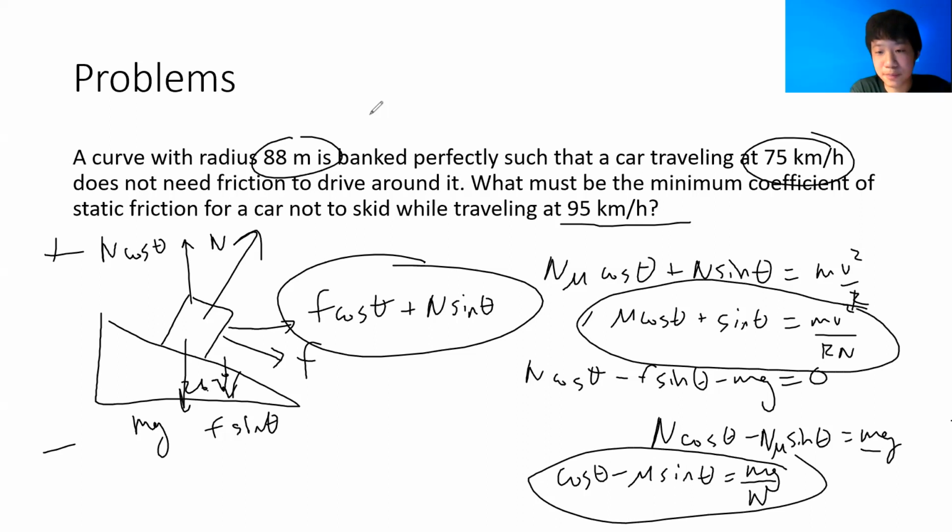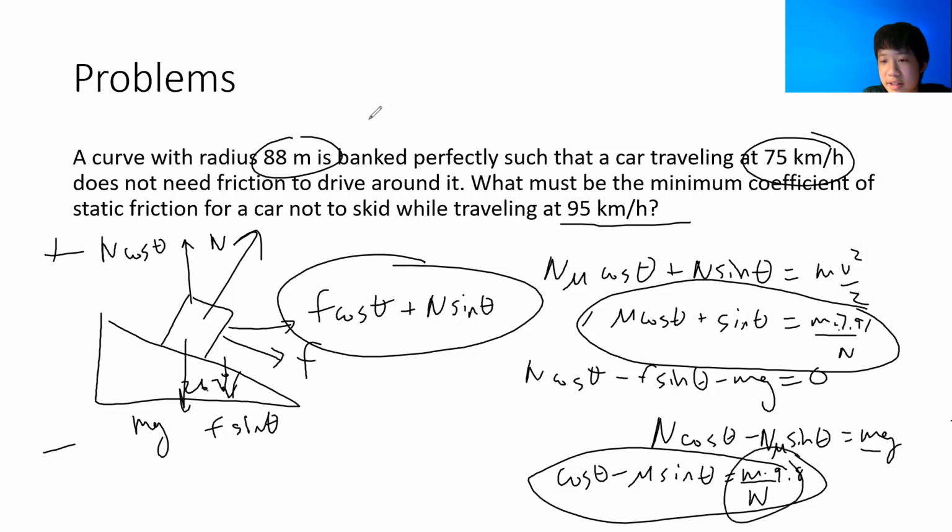So what we can do now is set these both as equal to, so let's first take v squared over r, turn that into some kind of number, right? We have a v, 95, divide that by 3.6, square that over r, which is 88, 7.91. Now for g on this side, m times 9.8.